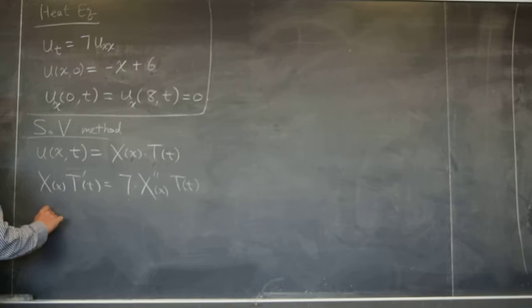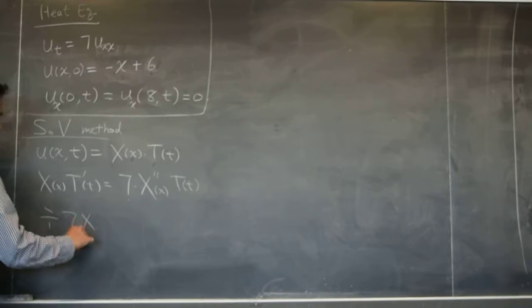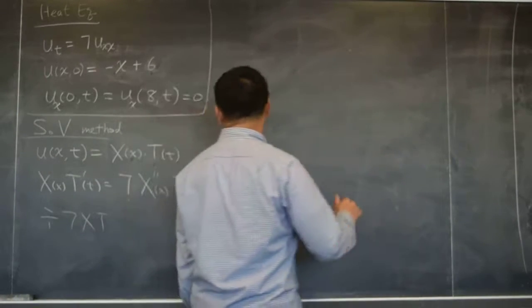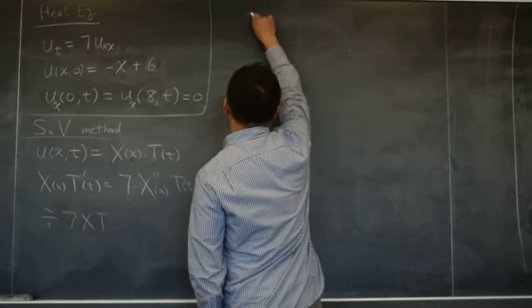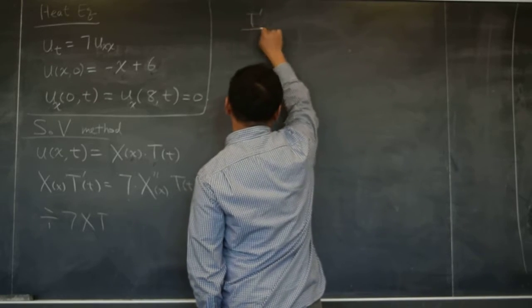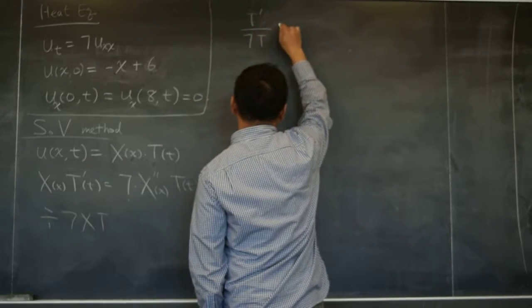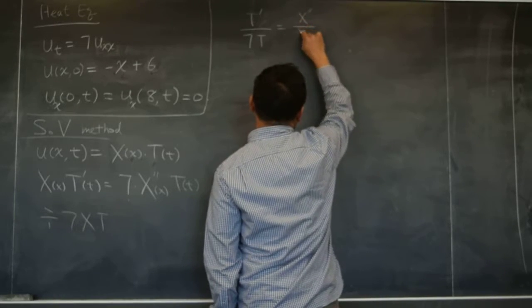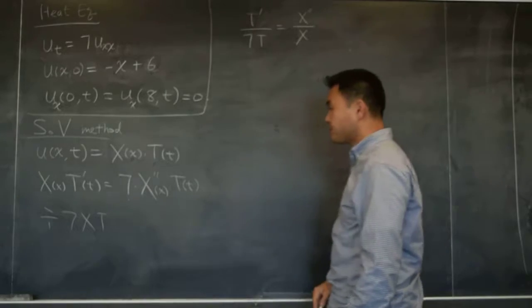And then you divide everything by 7XT, which gives you T prime over 7T equals X double prime over X.